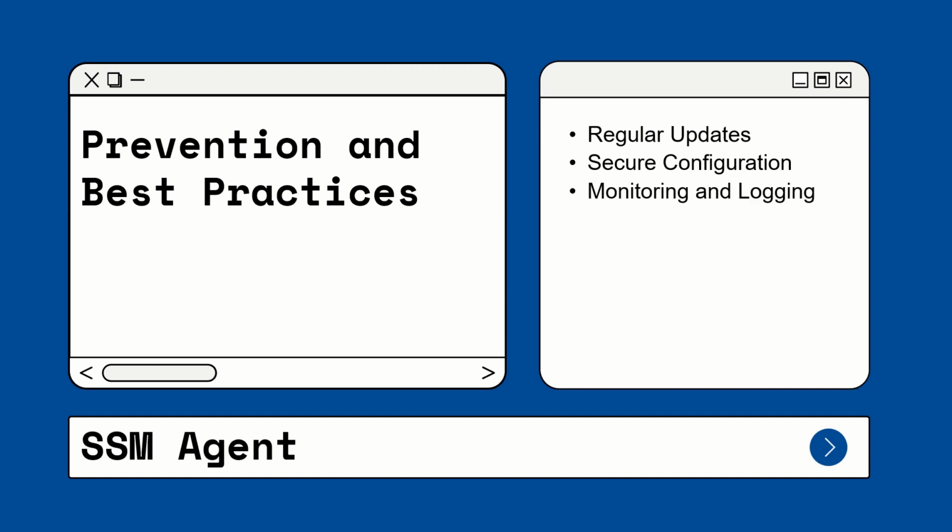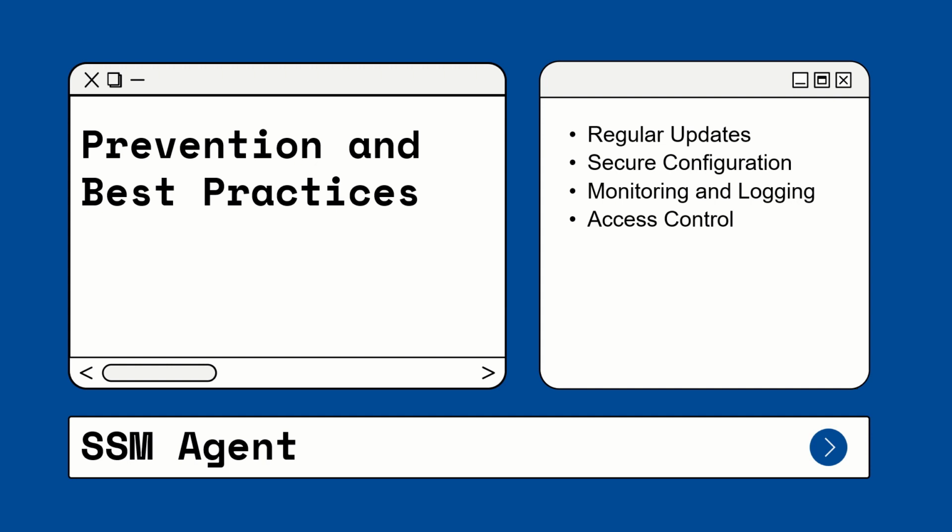Third is monitoring and logging. Implement comprehensive monitoring and logging tools to detect any suspicious activity associated with the SSM agent. Early detection is crucial in mitigating potential attacks. Fourth is access control. Limit access to the SSM agent by implementing the principle of least privilege.